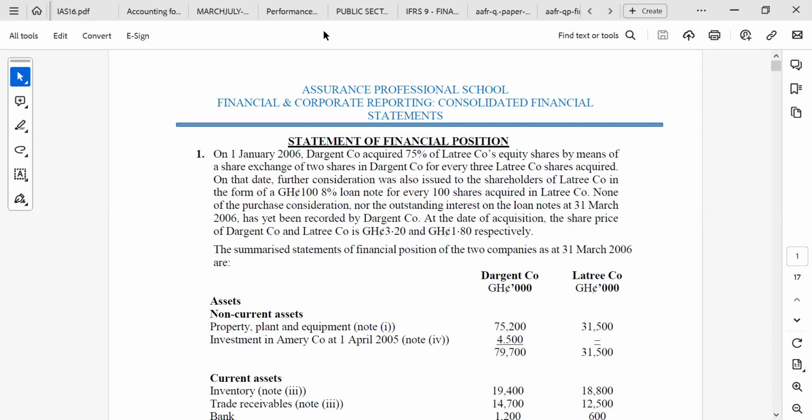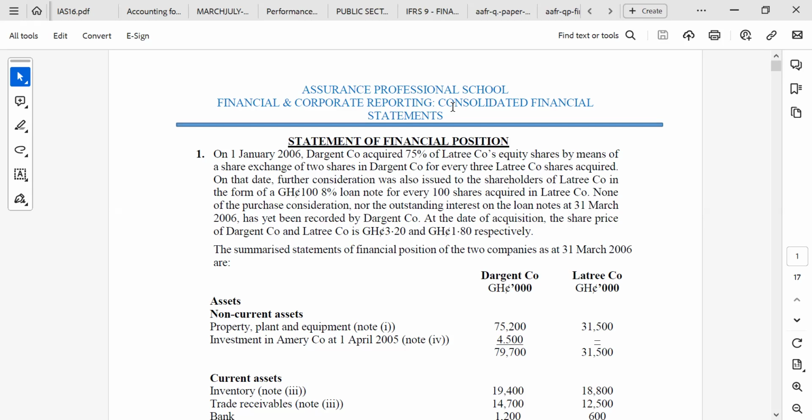On 1st January 2006, Targent Co. acquired 75% of Latrico's equity shares by means of a share exchange of 2 shares in Targent Co. for every 3 Latrico shares acquired. On that date, further consideration was also issued to the shareholders of Latrico in the form of 100 cedis 8% loan note for every 100 shares acquired in Latrico.